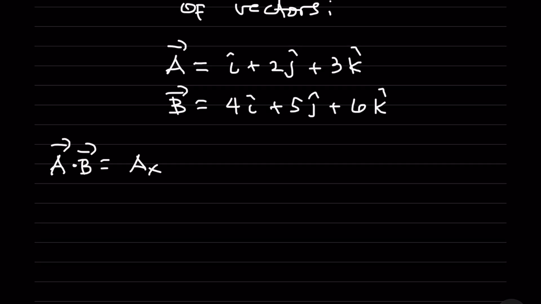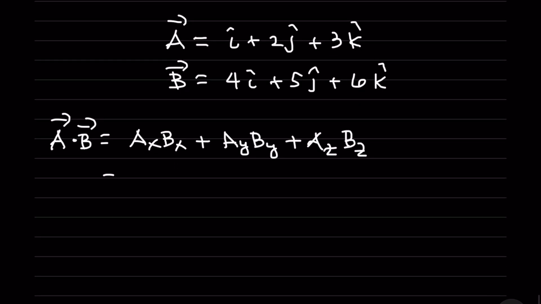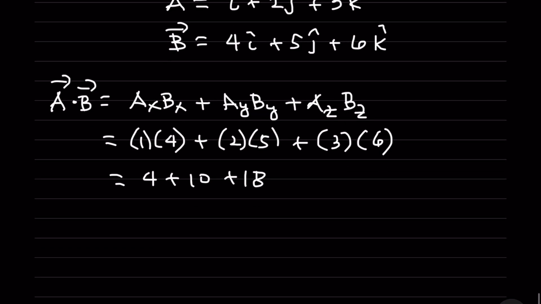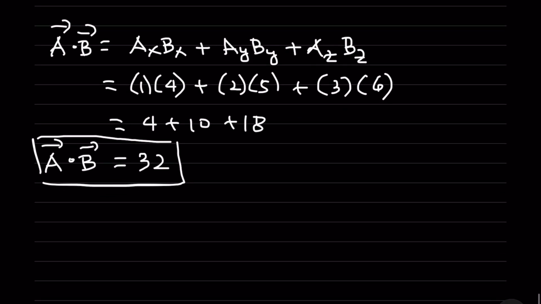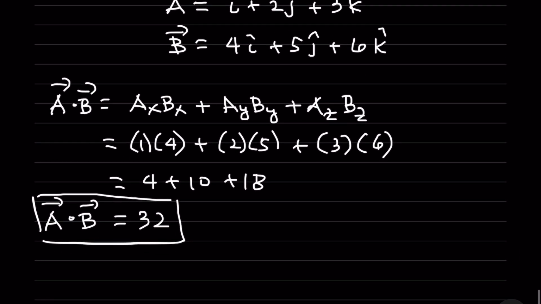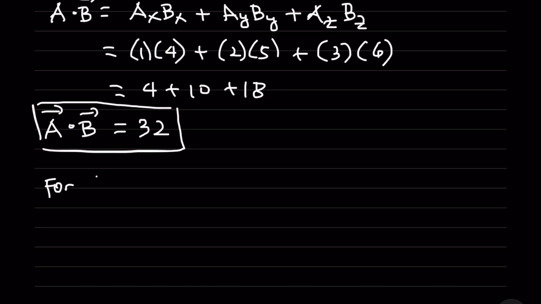So the dot product is simply the summation of the product of the similar components of the two vectors. We just substitute the values for ax, ay, az, and bx, by, bz. The final answer here is 32. Again, because this is a scalar product, it doesn't have direction.